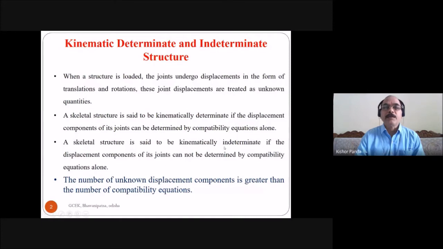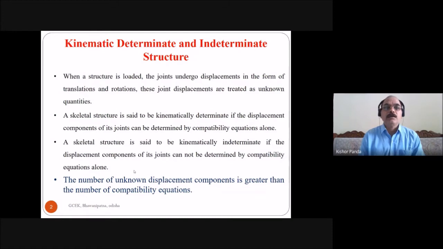Then what is kinematically indeterminate? A skeletal structure is said to be kinematically indeterminate if the displacement components of its joints cannot be determined by compatibility equations alone. When the joint displacements you can't determine by using the compatibility equations, then that type of structure is called the kinematically indeterminate structure.